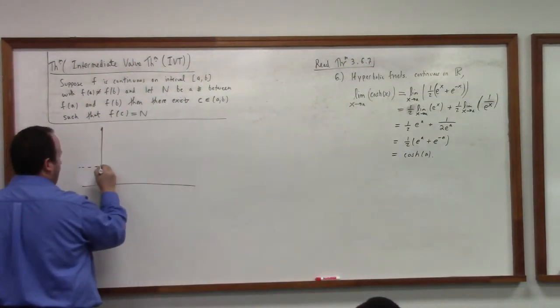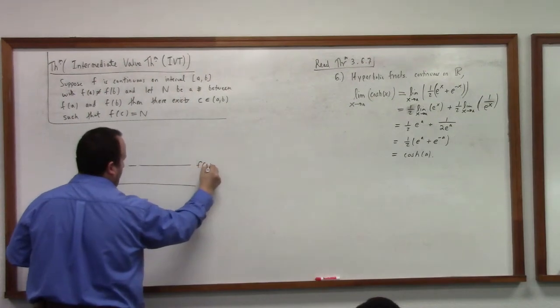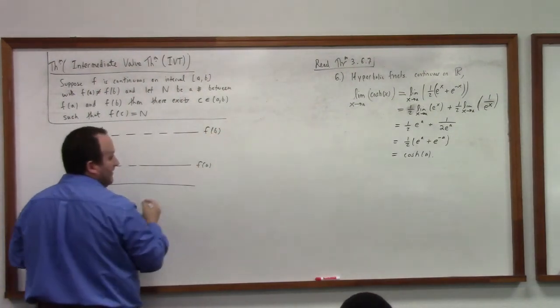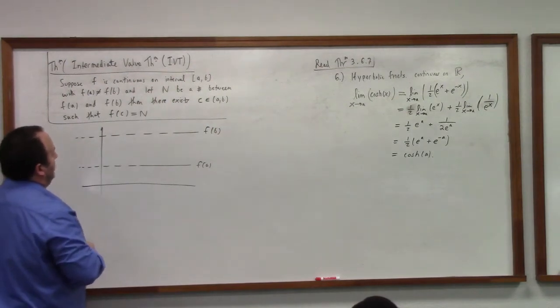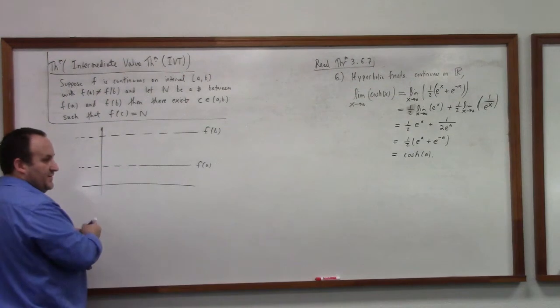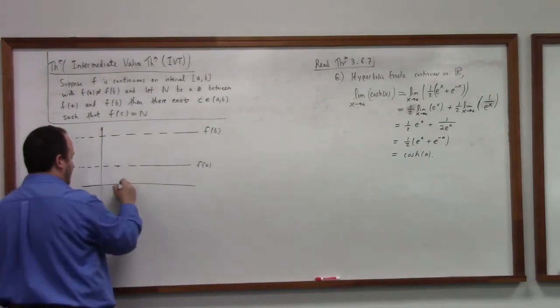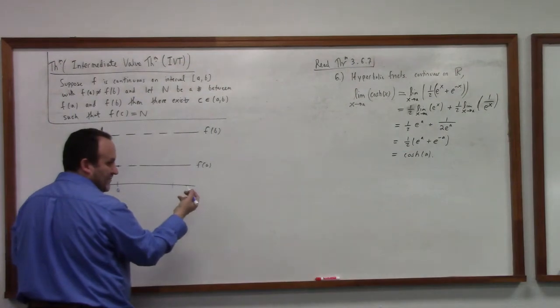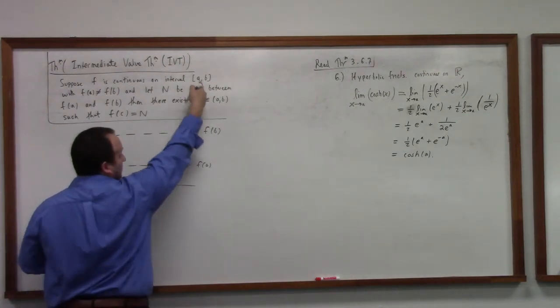If this is f of a, and this is f of b, right? I'm going to assume that f of a is less than f of b, and that a is less than b is assumed here, right?